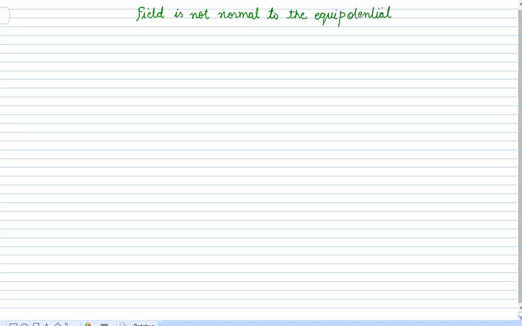Now, what happens if the field is not normal? If the electric field is not normal to the equipotential surface, what happens in that case? That we want to find out.